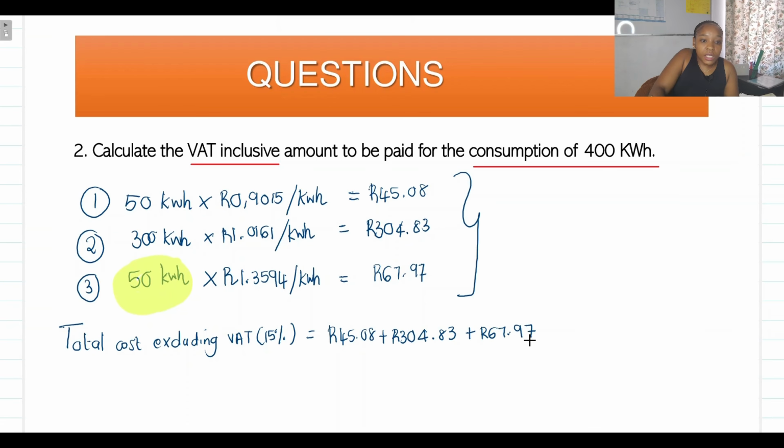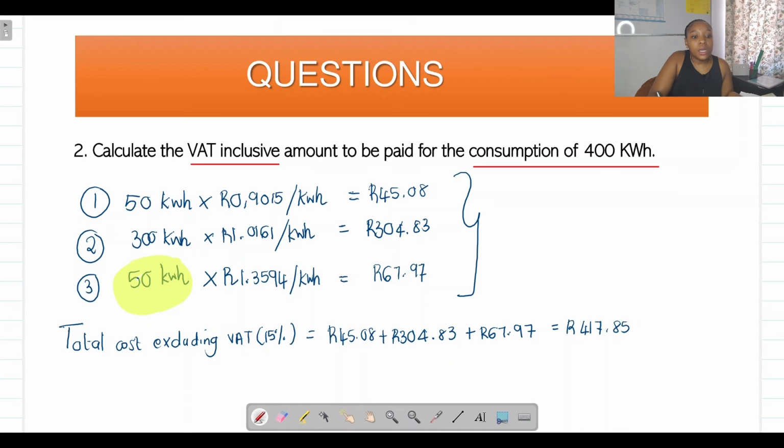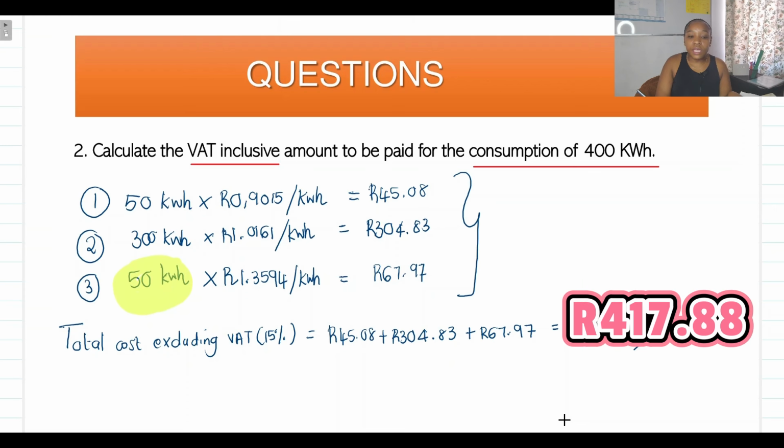If you punch that into your calculator, it gives you 417.85. So the total cost that you would pay for the consumption of 400 kilowatt hours of electricity is going to be 417 rand and 85 cents.